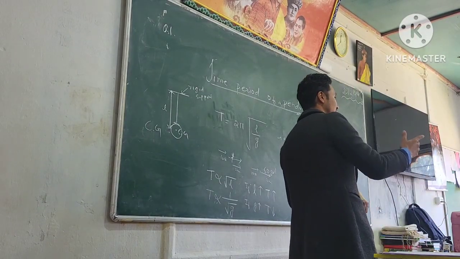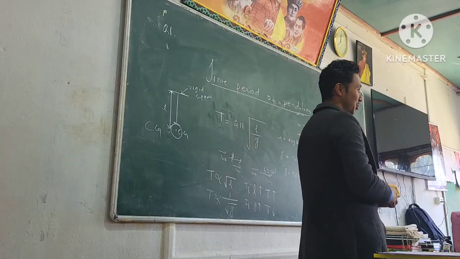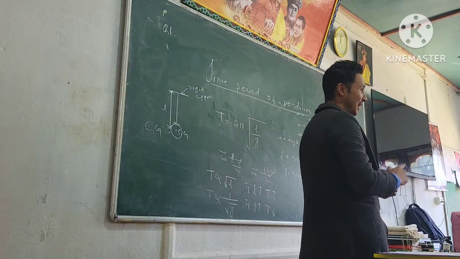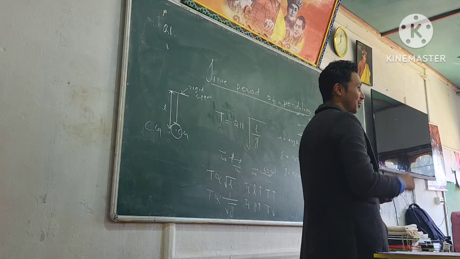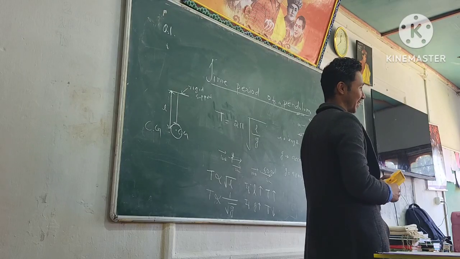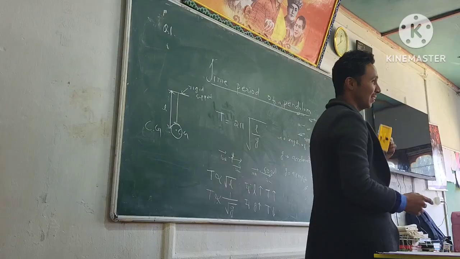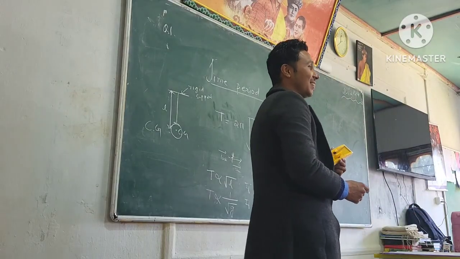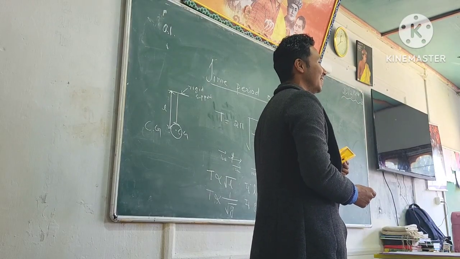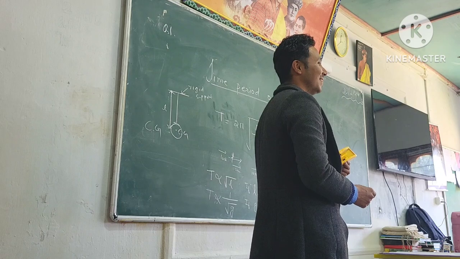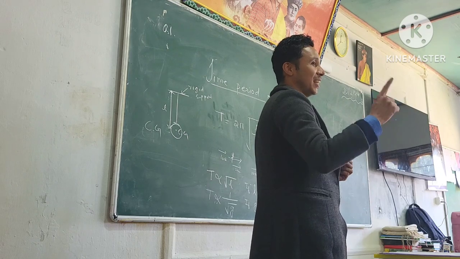Suppose they ask the question from Chelula to Haa. You are in Chelula, you are doing the experiment and you find the time period. Now you came back to Haa. Should the time period increase or decrease then? Will the time period decrease or increase? Time period will increase. You are in Chelula.